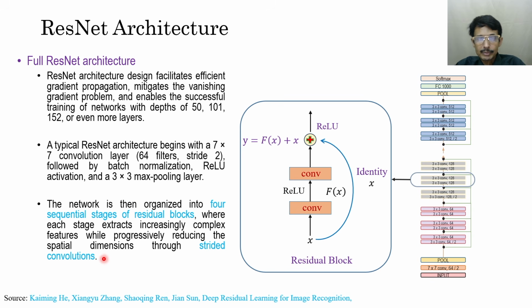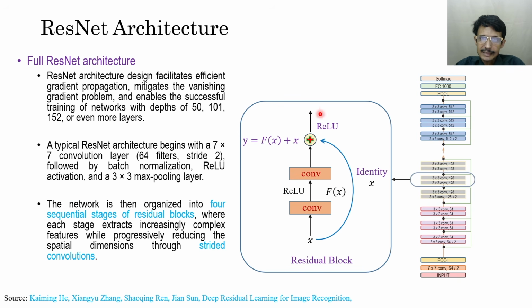Now, first of all, what do we mean by strided? We already said that strided convolution means how many pixels we jump when our convolution kernel is slid through the image patch or image.